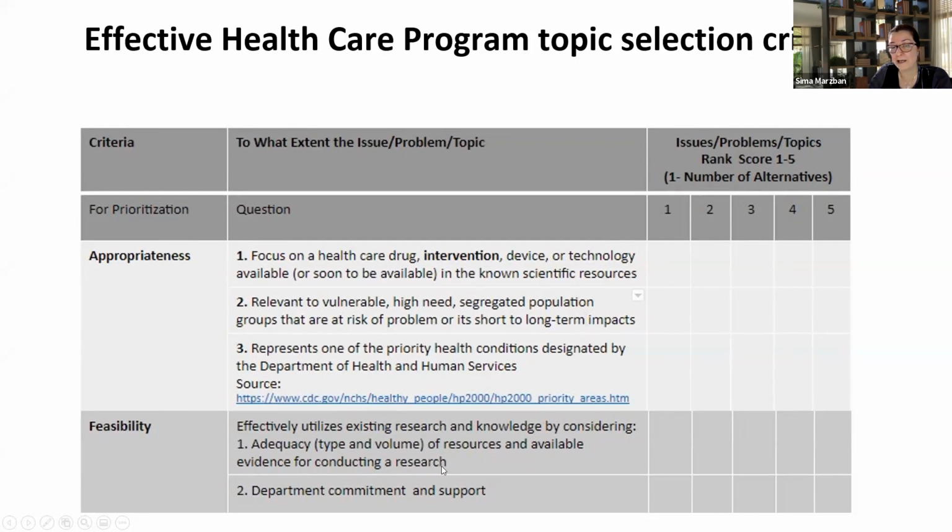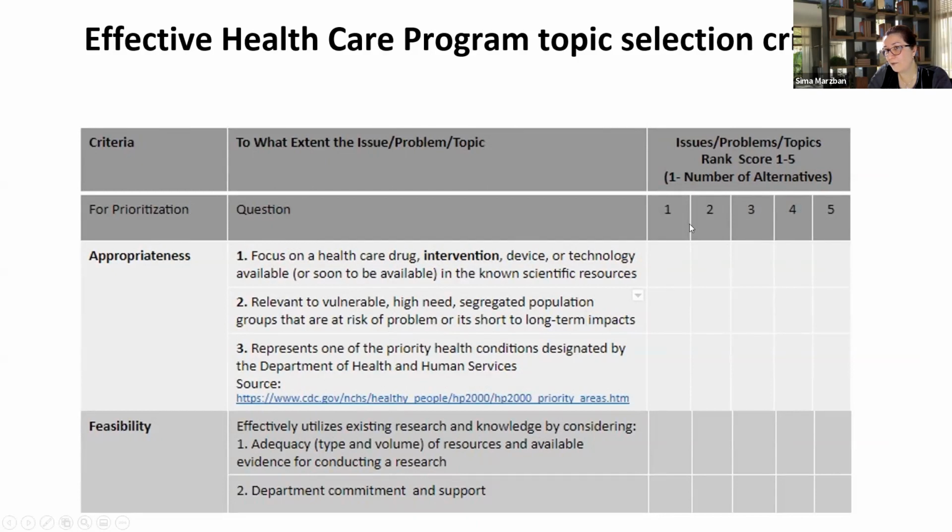So it's better to work on something that is feasible and that is part of your department's commitment, and your department will support it. It's good to align your ideas with your department, with its challenges, needs and requirements. Then after, you can score the alternatives from 1 to 5.